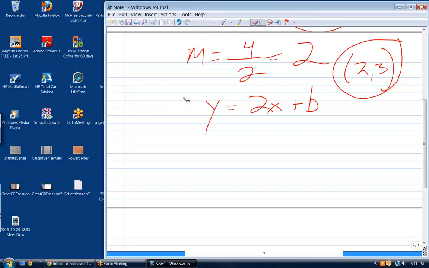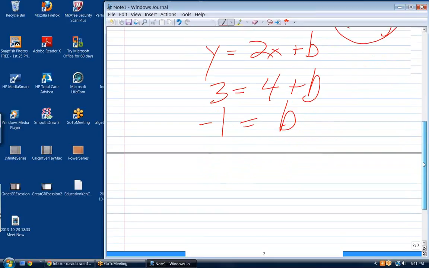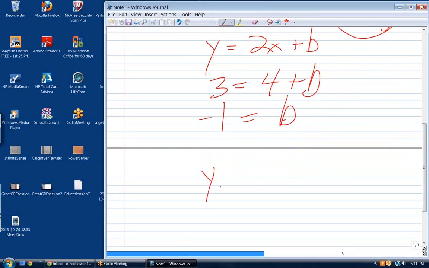So in order to solve for b, let's plug that point into this equation. So what do I have? 3 equals 2 times 2 plus b. I guess that'd be -1 then. So now the specific equation of the line is y equals what?